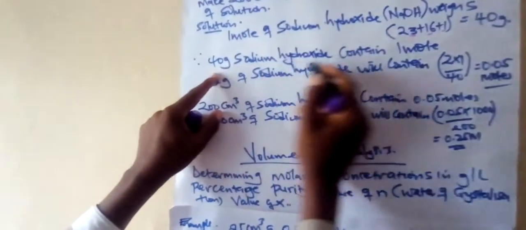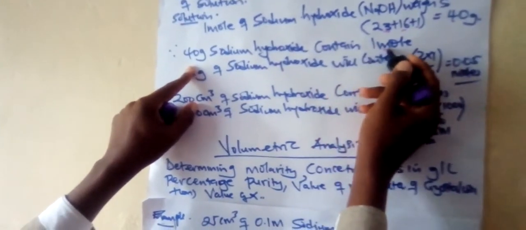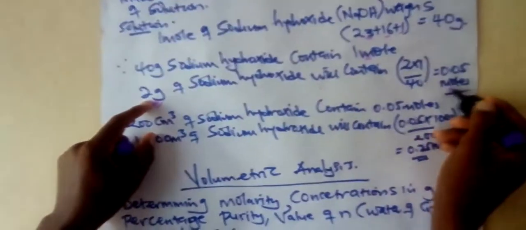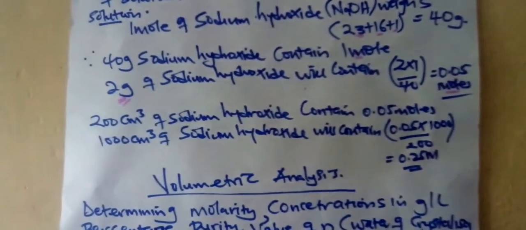Then we interchange: 40 grams of sodium hydroxide contain 1 mole. What about 2 grams of sodium hydroxide? It will contain 2 times 1 over 40, and we get 0.05 moles.